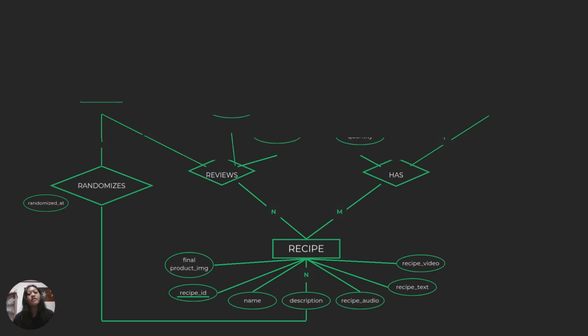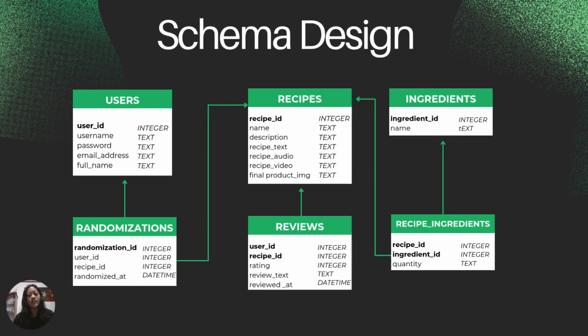After this ERD is the schema. The main tables are the users, recipes, ingredients, randomizations, reviews, and the recipe ingredients. Each table has a primary key that is used to uniquely identify records. The foreign keys were also implemented to maintain the integrity between the tables.